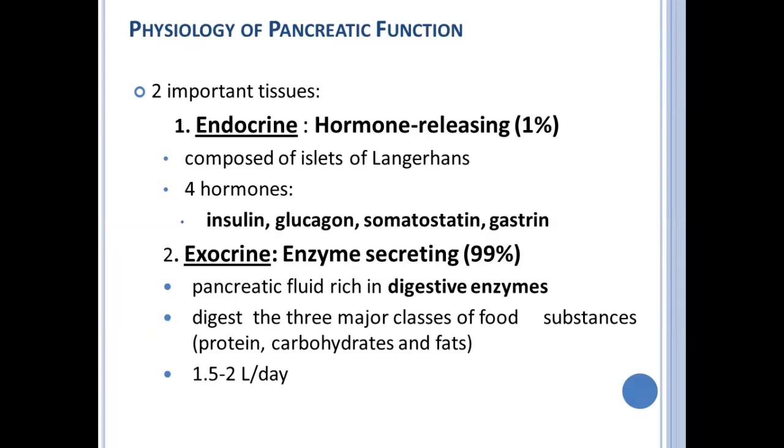The endocrine component is composed of the islets of Langerhans, which accounts for around 1% of the pancreas. So the endocrine cells don't release their secretions into the pancreatic ducts. Instead, of course, they release hormones such as insulin and glucagon into the bloodstream.